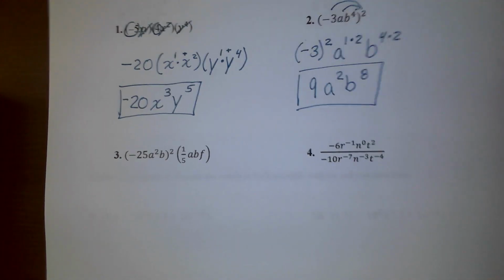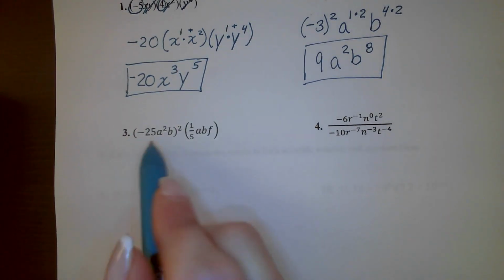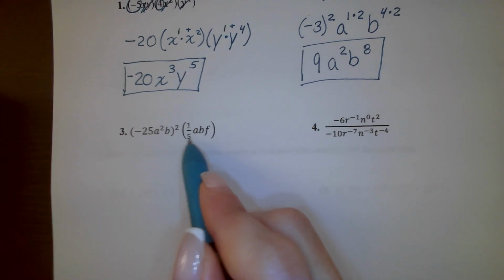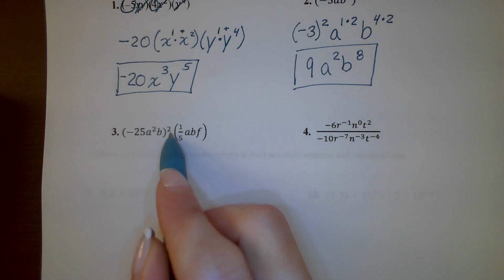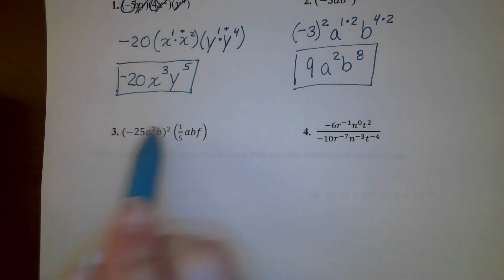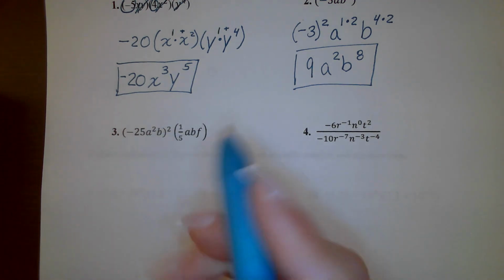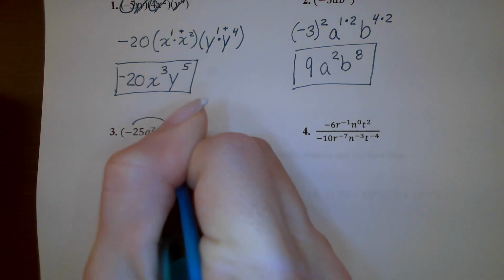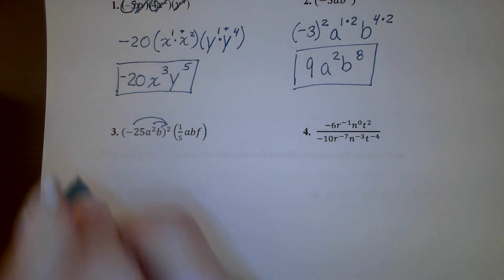Next up, I see something a little trickier. Now I have a negative constant and a fraction, as well as a power outside of the parentheses. So first thing I'm going to do is address the exponent outside of the parentheses. So I'm going to distribute first.